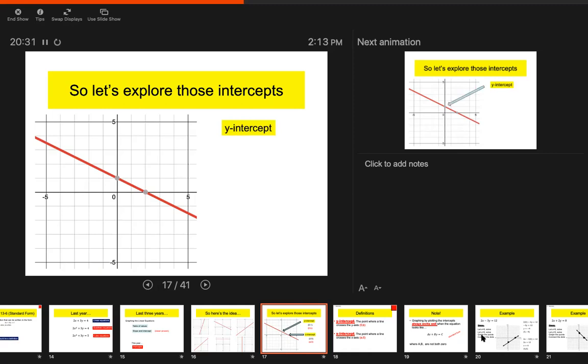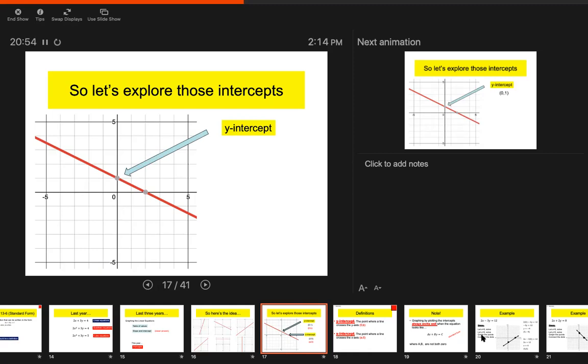Okay? So the y-intercept has what coordinates? Always 0 for what? The x or the y? Okay, and it turns out it's opposite of what you would think. So for the y-intercept, the x value will always be 0. No matter where it crosses, up here, down here, the x value will always be 0.